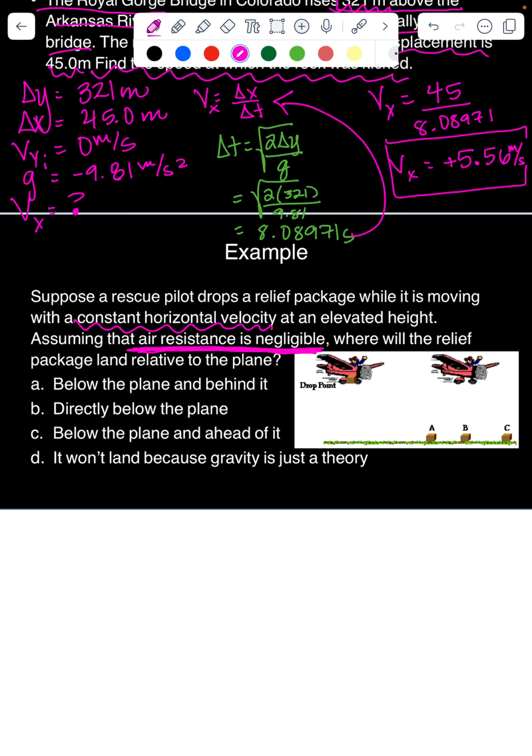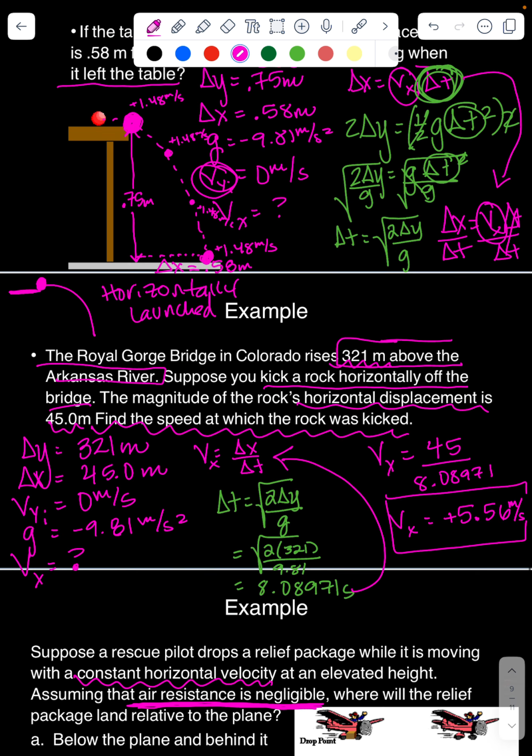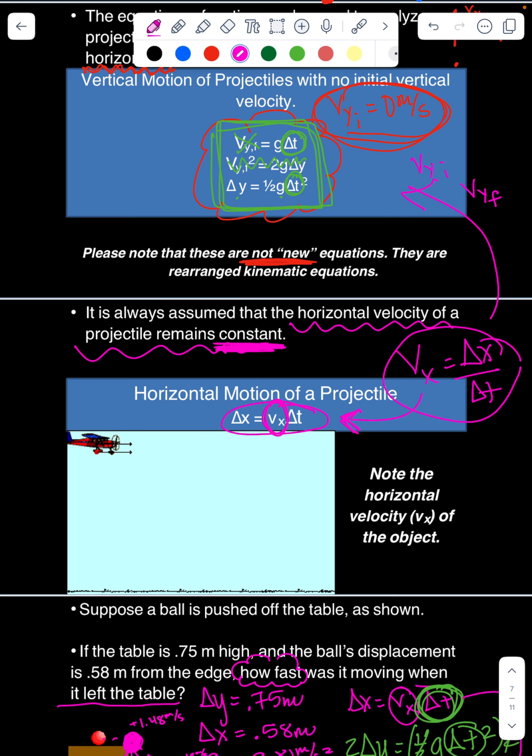It says, where will the relief package land relative to the plane? So this, again, just like up here, this package does not fall straight down. The package does not fall straight down whenever it is dropped.